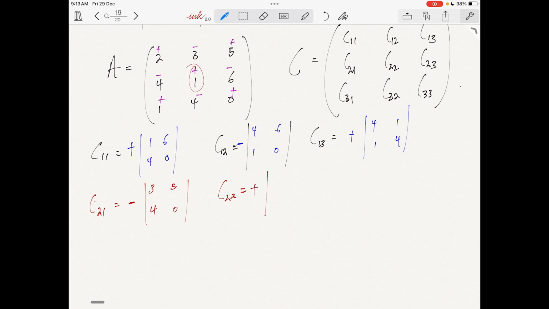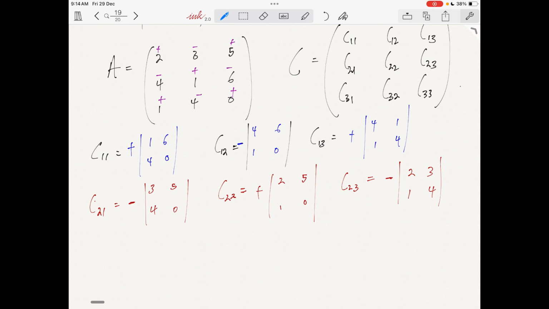And finally, let's look at C23. We can see the negative sign, and striking out the horizontal and vertical, we are left with 2, 3, 1, 4. The sign is negative.